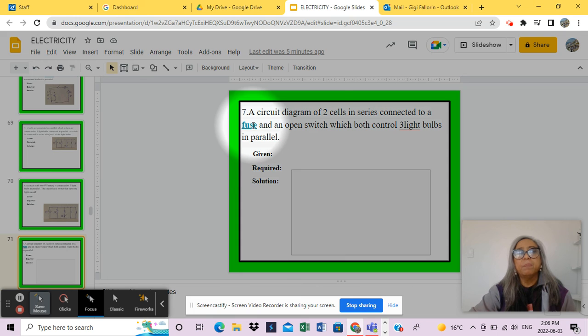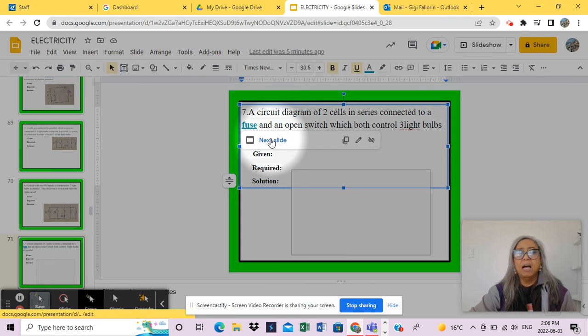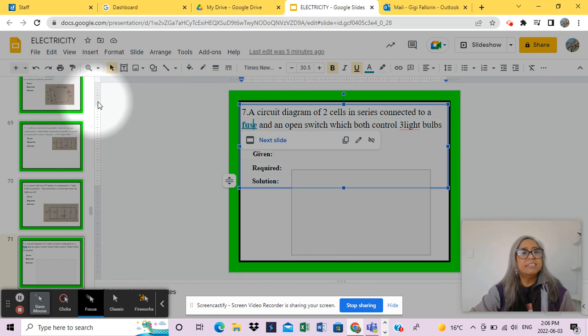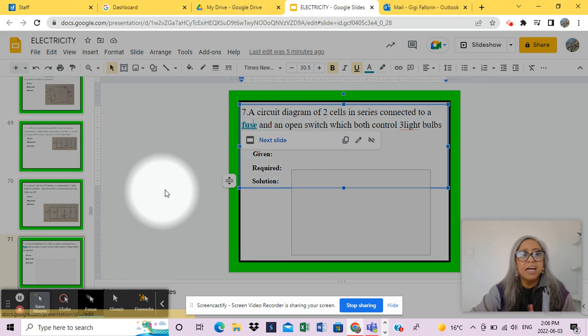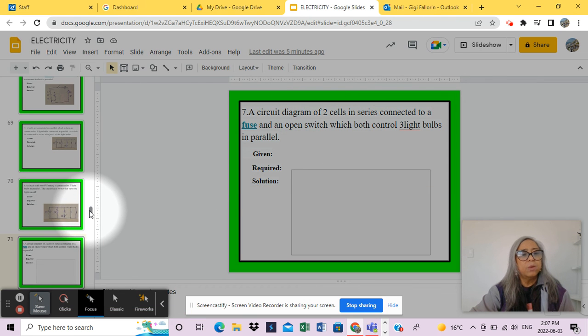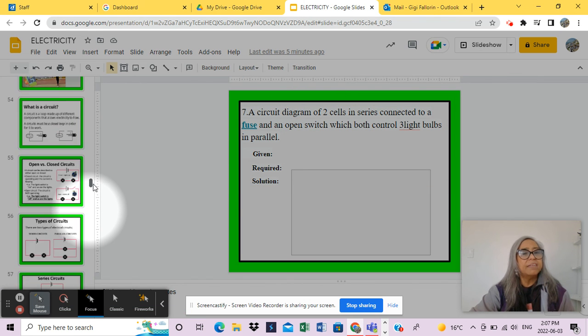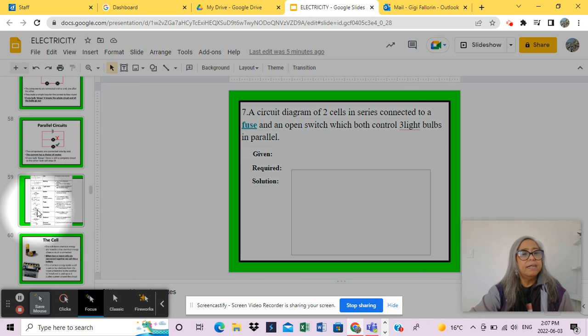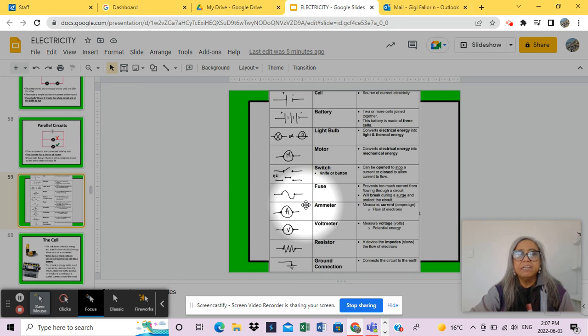So I have here a hyperlink, and it allows me to just go back maybe to the original setup. It says your next slide, but that's not the next slide. So let's go back to where we have the symbols, right? So here, this would be how we represented the fuse.